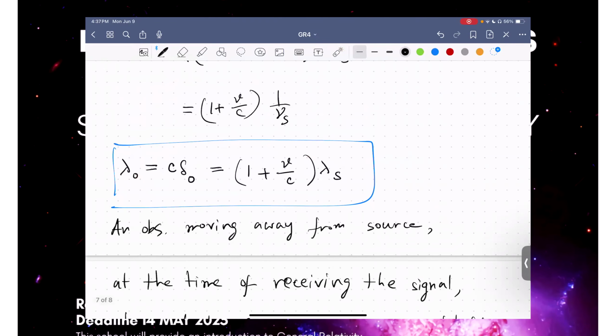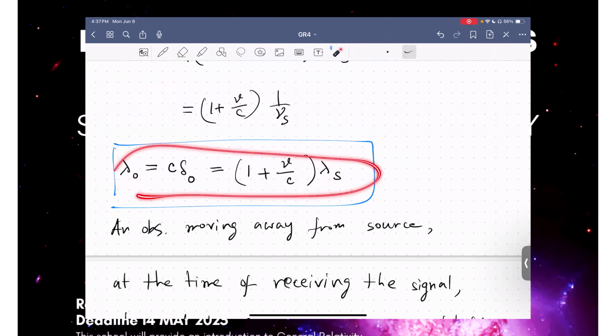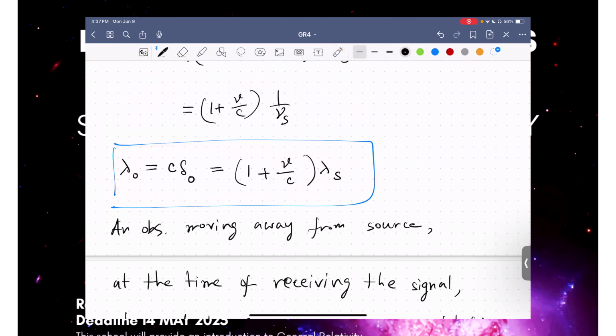So people usually define a quantitative measure of redshift, which is by which fraction the wavelength changes. And as we can already see from this formula, the fraction is simply v over c. So quantitatively, people usually write this fraction with z. It is defined as lambda observed minus lambda at source divided by lambda at source, which in this case is just v over c.